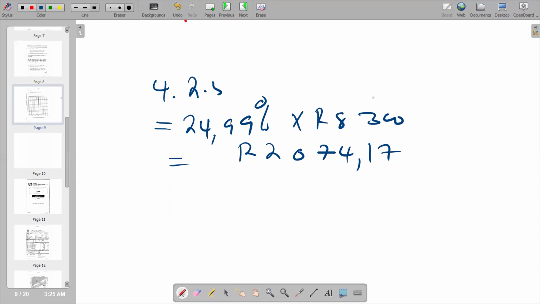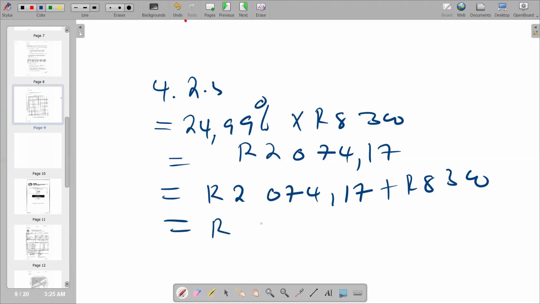So this is what we get. Then having got this, we now add this interest plus the principal. So let's say equal to 2,074.17, then we add 8,300.